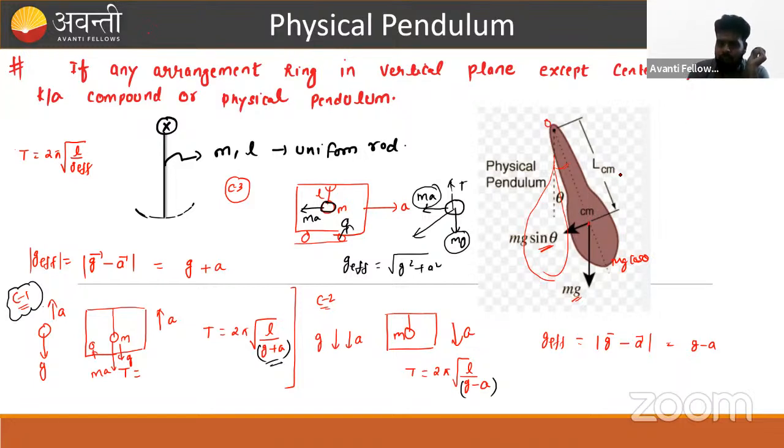What is distance L? This is the distance of the center of mass from the point of suspension. And beta, put this in your blood, yes or no? What is L here? In the case of a simple pendulum, L is nothing but the distance of the point of suspension from the center of mass. Okay, beta.